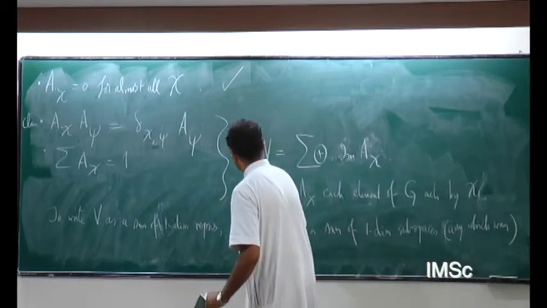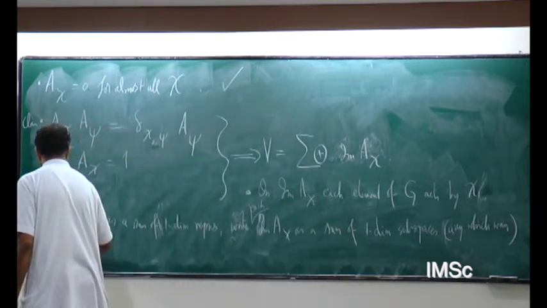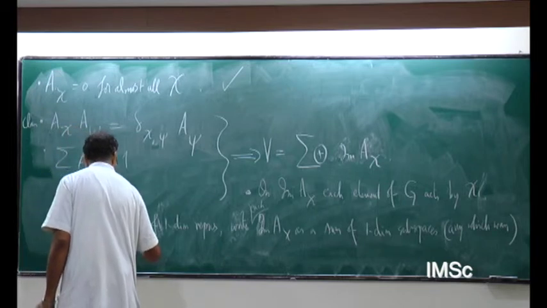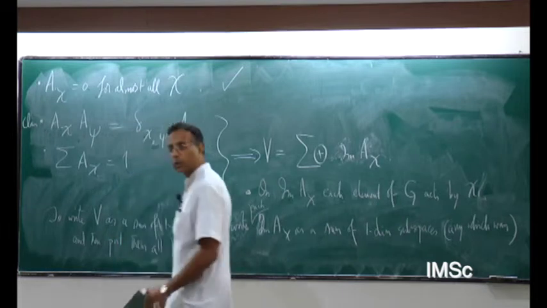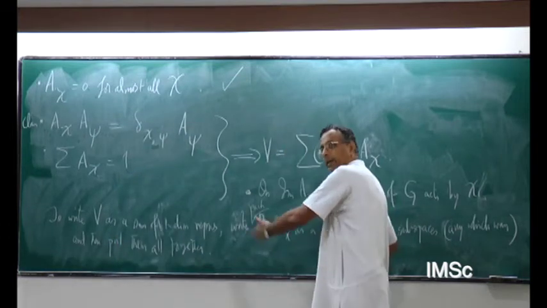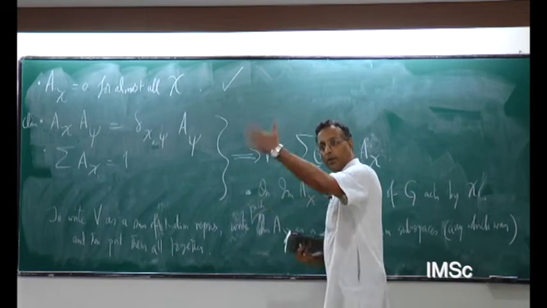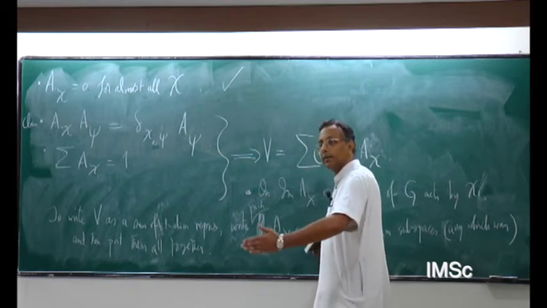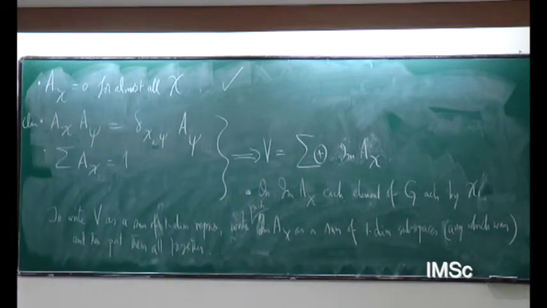Right, and then put them all together. Meaning you take A chi 1, A chi 2, A chi 3, etc. Look at their images, they are subspaces. This subspace is a sum of lines. The next one is a sum of lines, etc. And take the whole set. That will do the job.